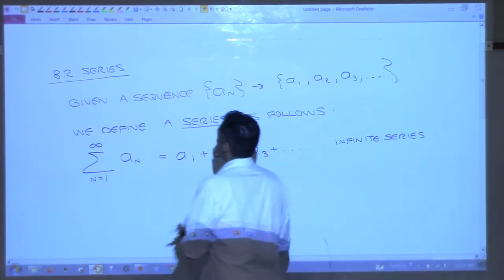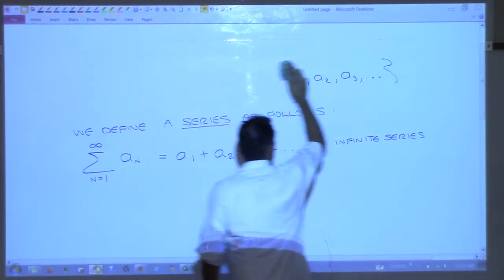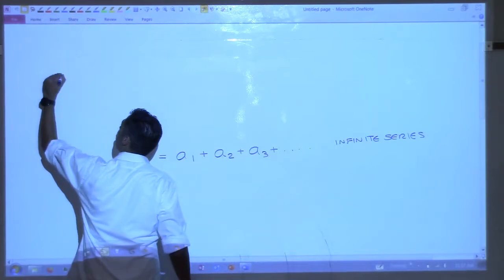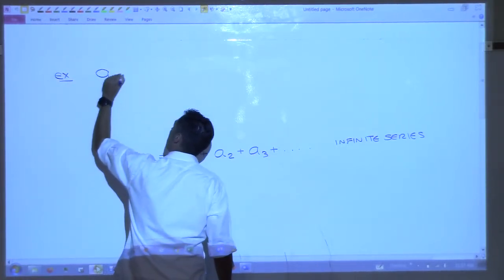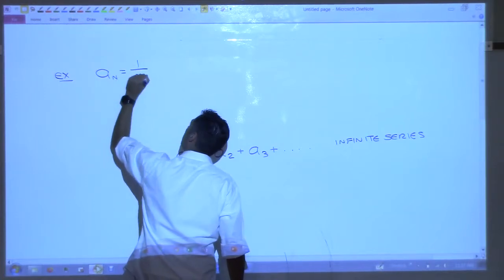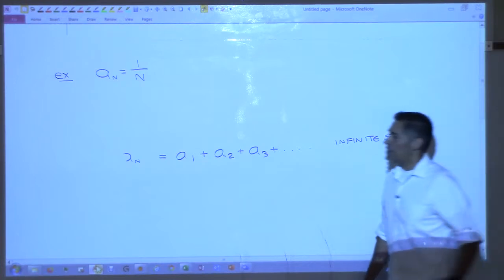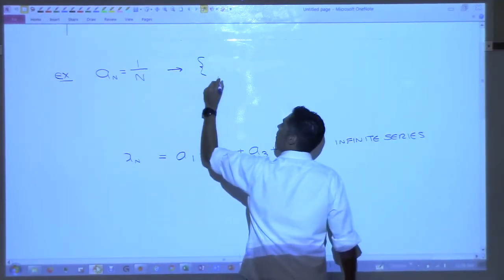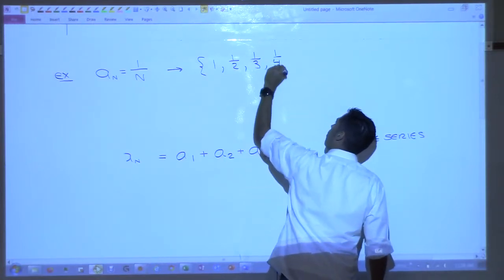Now, let's take a look at some examples before we get into more definitions here. As an example, let's take this sequence, 1 over n. That sequence written out is 1, 1/2, 1/3, 1/4, forever.